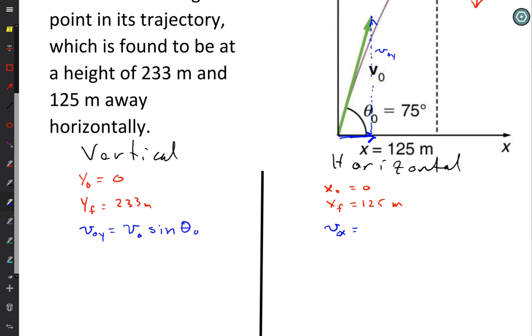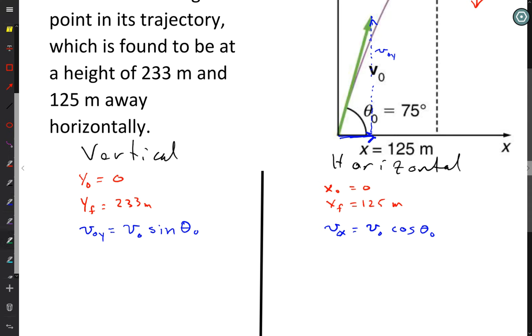They have to be perpendicular because they're in the two directions of my components. They have to be perpendicular and they have to add up to the total vector. So this is the adjacent side. The trigonometric function that relates adjacent with hypotenuse is cosine. So there's my initial speed.